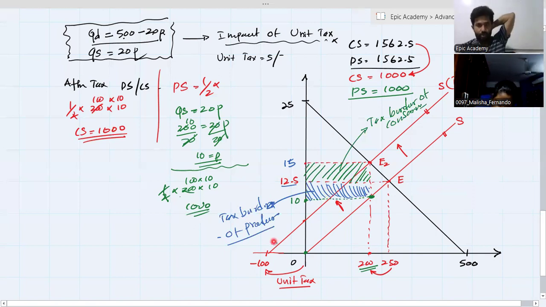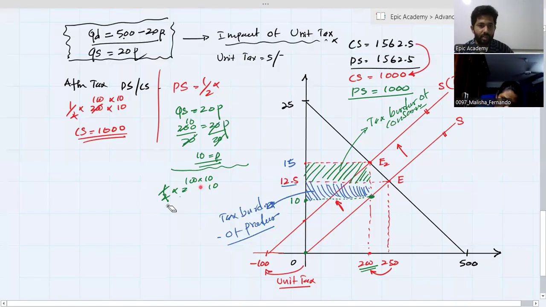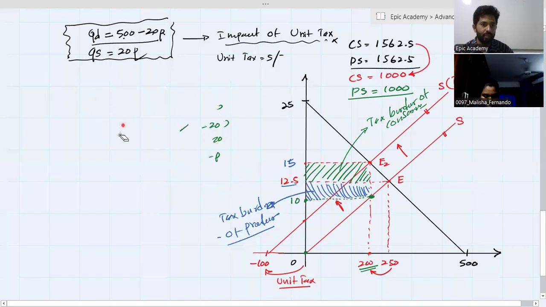Tax burden of producer. Now we can calculate it, isn't it? Yes. Area values, nothing to hesitate, just area value. Okay, let's calculate the tax burden of consumer and producer.